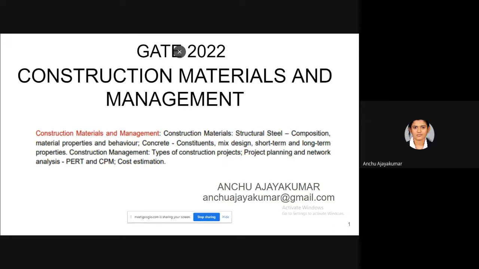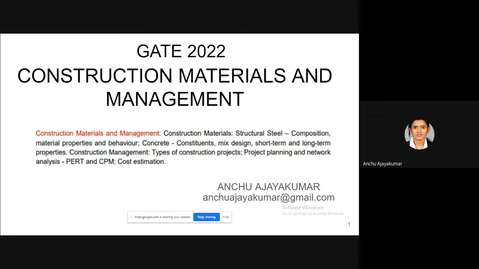Students, in construction materials and management, when you look at the previous years' question papers, this subject has been getting importance only for the last few years. Exactly from 2020 onwards, nearly 4 or 5 marks are covered by this subject.